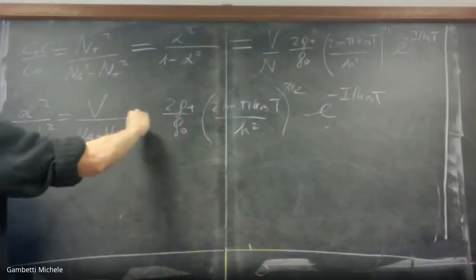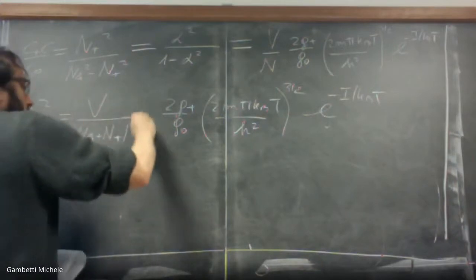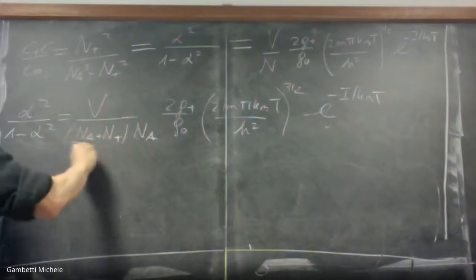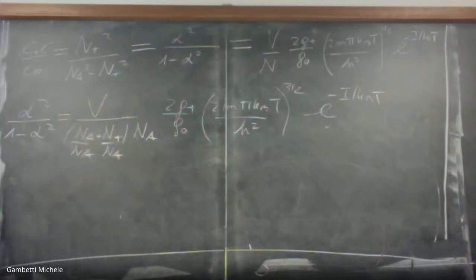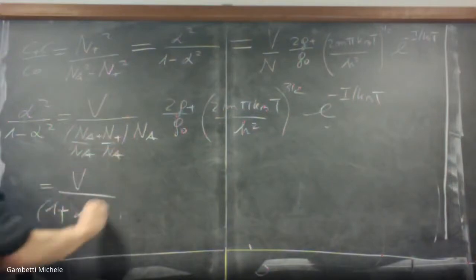So I will have NA at the denominator. And then I have NA here and NA here. Okay, that is fine. Then this is V divided by 1 plus alpha again, this NA.